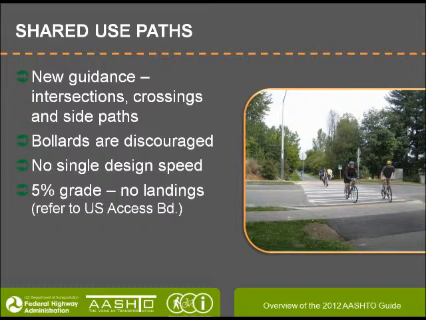The new guidance that's being issued by the Access Board acknowledges the inherent differences in paths that extend through natural areas and undeveloped areas. And so the AASHTO Bike Guide is coordinated with that new guidance that's coming out from the Access Board.